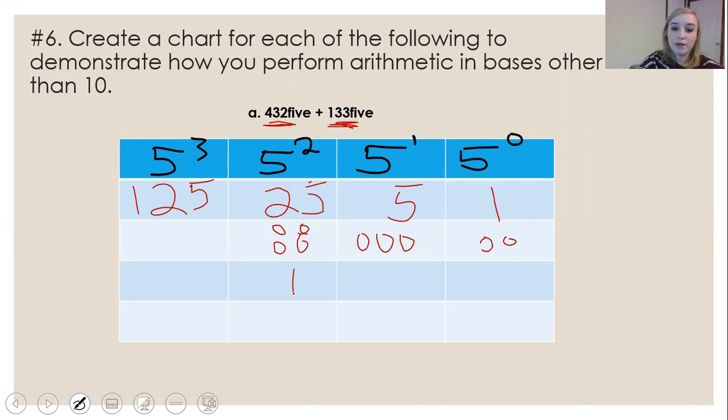Plus 133, again changing it to dots: 1, 1, 2, 3, 1, 2, 3. I apologize that these dots are not perfect.